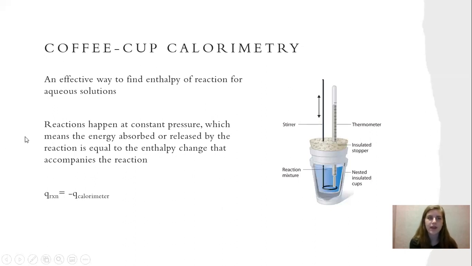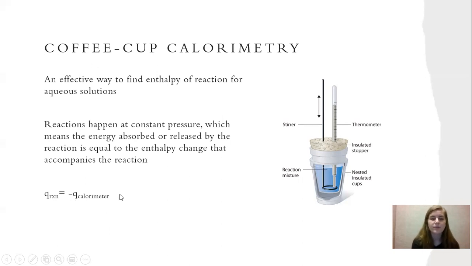I'll just read what's here. It says reactions happen at constant pressure, which means the energy absorbed or released by the reaction is equal to the enthalpy change that accompanies the reaction. So because of that, this isn't going to be super important for this section, but it will be something that comes up. The Q of the reaction, heat of reaction, or as we know, the enthalpy of reaction, because P is constant, equals negative Q of calorimeter.